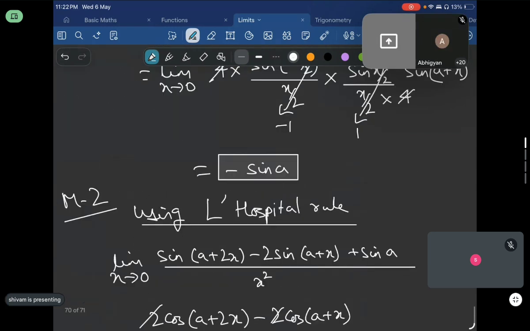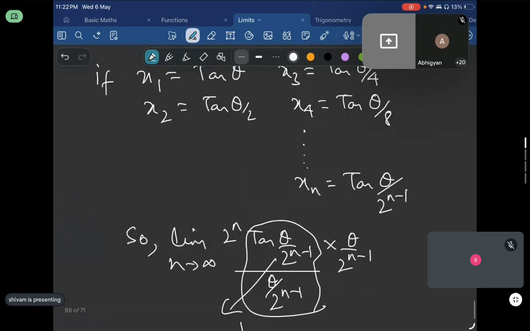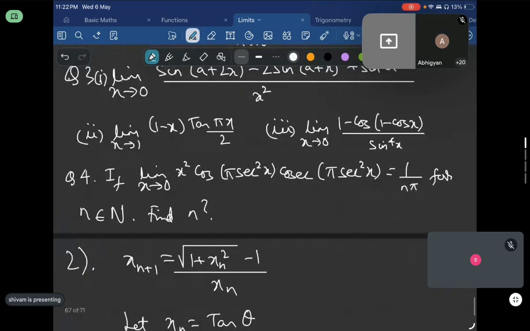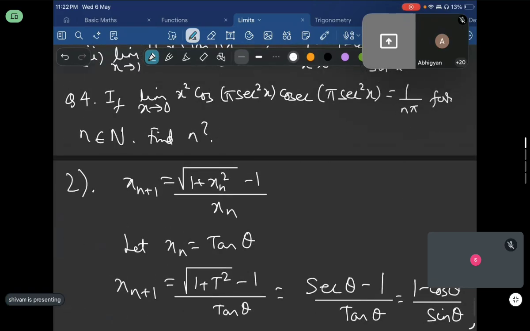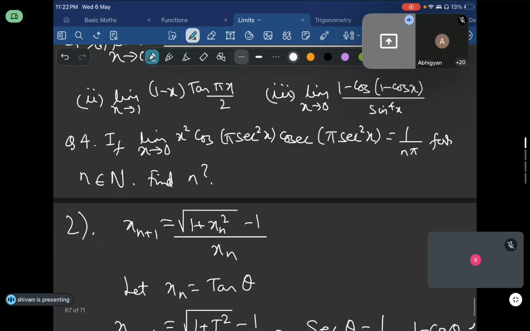Okay. Quickly solve number 4. No, number 4 is good. Number 4, quickly solve. Yes. Shamili, right answer.